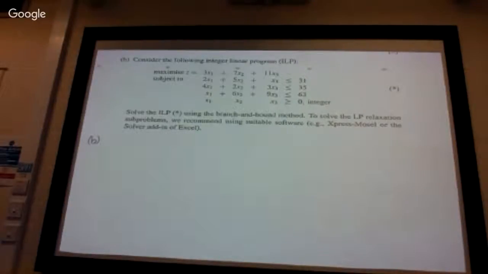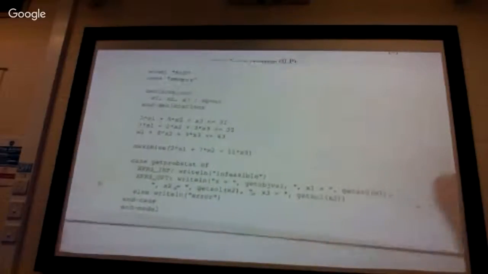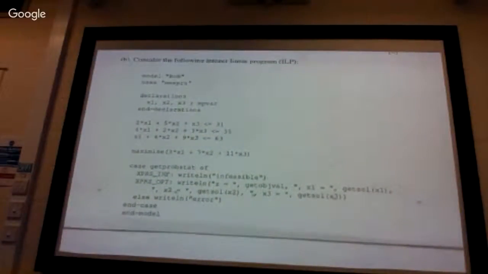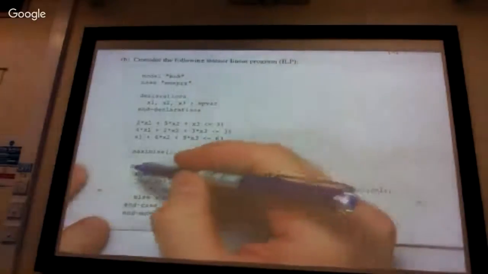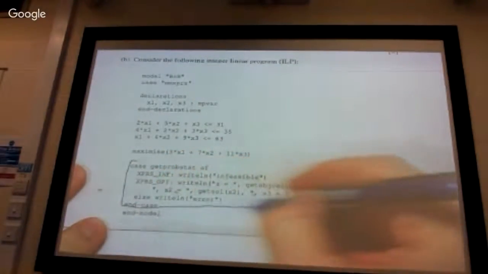So one thing you need to be able to do if you want to answer 5 questions in 3 hours is write a Mosel code that solves that LP in like 5 minutes, which is definitely possible. Because it looks like this. You can ignore that part, it is not necessary.